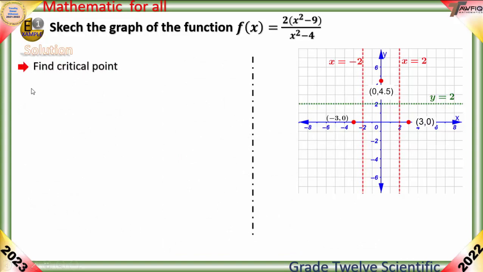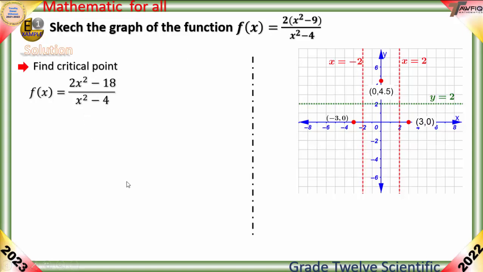Find the critical points. To find the critical points, we must first find f prime of x. f of x is equal to 2 times x squared is 2x squared, 2 times 9 is 18, minus 18 over x squared minus 4.